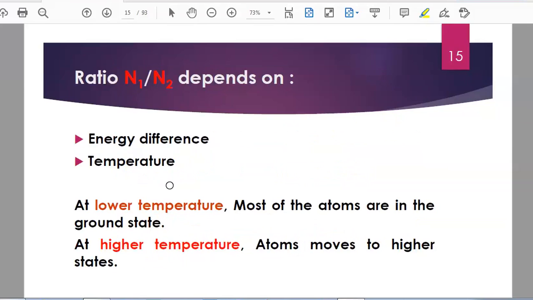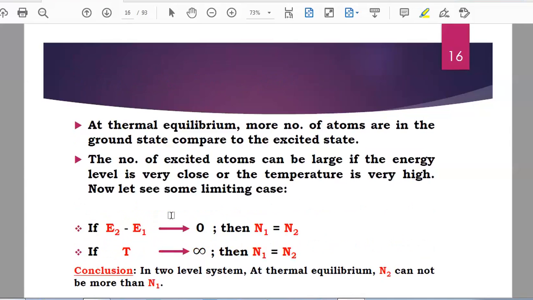If you look carefully, at lower temperature most of the atoms or particles are in the ground state. If you increase the temperature, of course atoms will move to the higher state. So this n1 by n2 provides you the details. Again, at thermal equilibrium, more atoms are in the ground state.